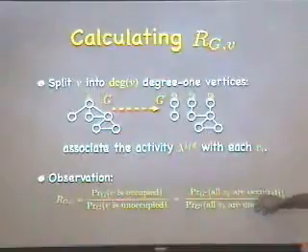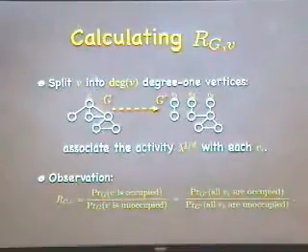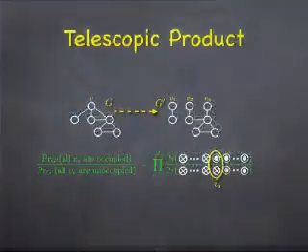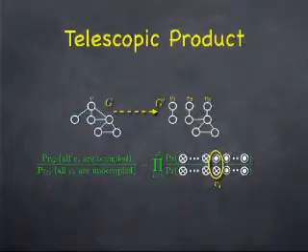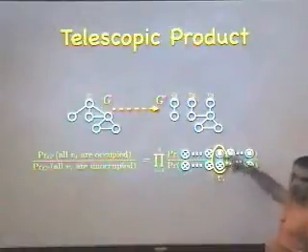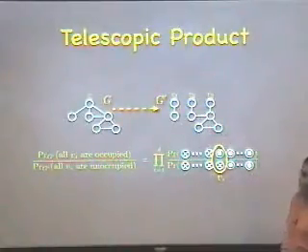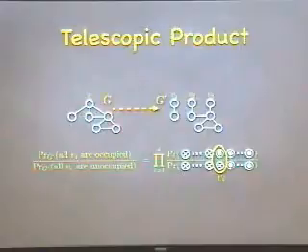So we want to calculate this ratio, but now we can write it as a telescopic product. We can write it as a product of D terms, and in each step just change one of the copies from being unoccupied to being occupied.